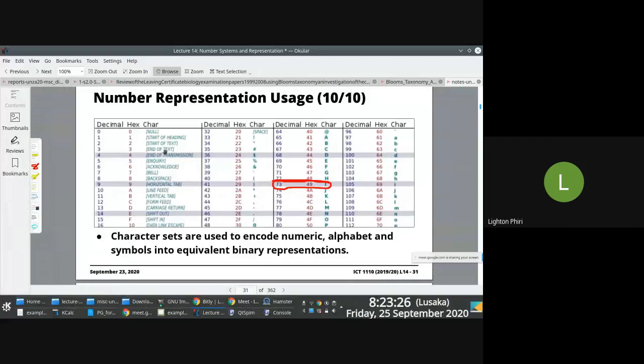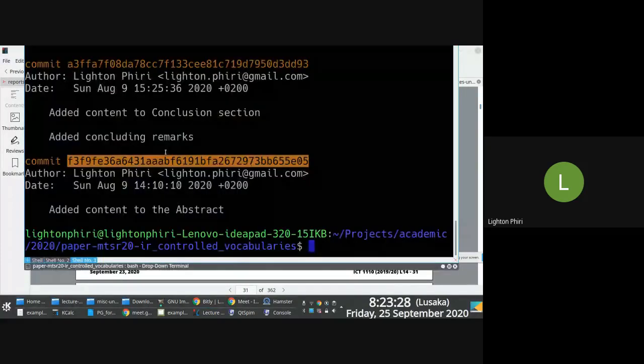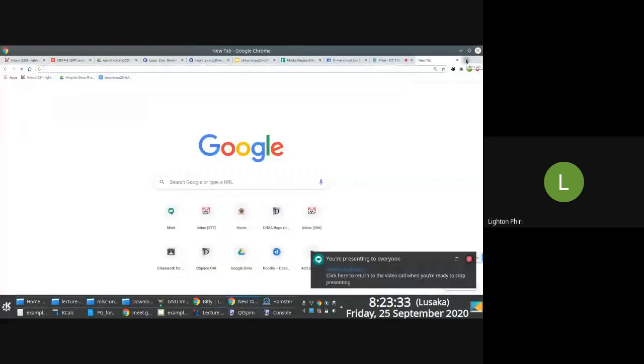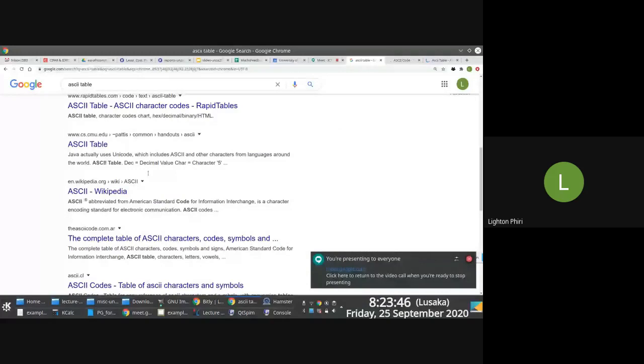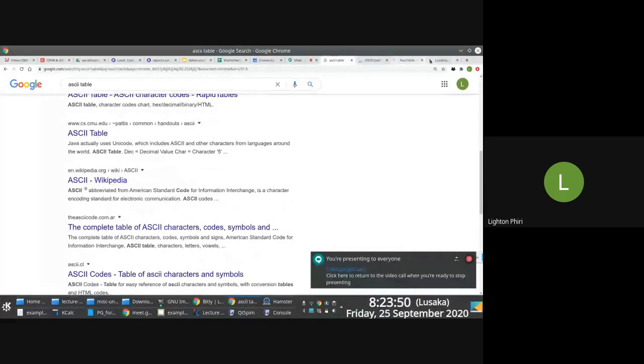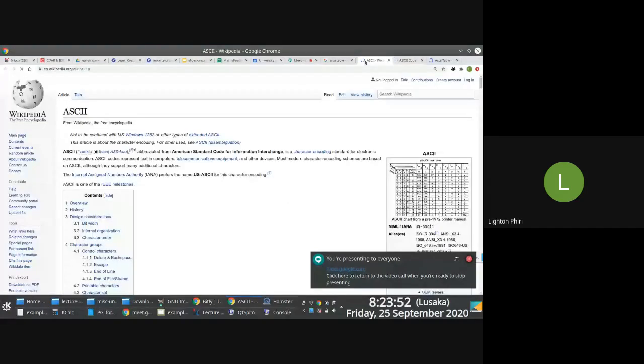If you want to find out more about the ASCII table, if you want to go ahead of the rest of us, you can look up the ASCII table. I didn't know there was ASCIIcode.com and ASCIItable.com. You can get ahead of the rest of us, even though we do discuss data encoding when we look at how text is encoded.